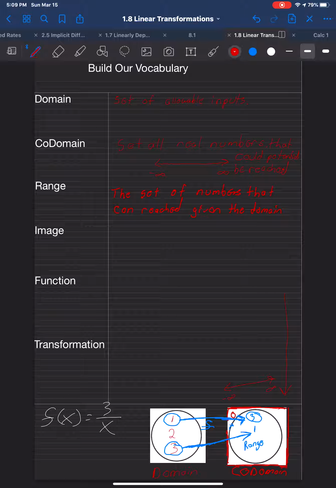Okay? So an image is a single value after the transformation of f.